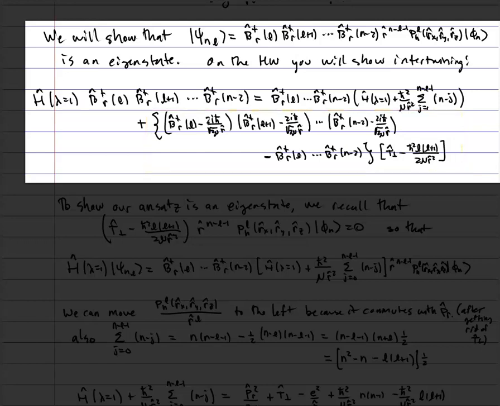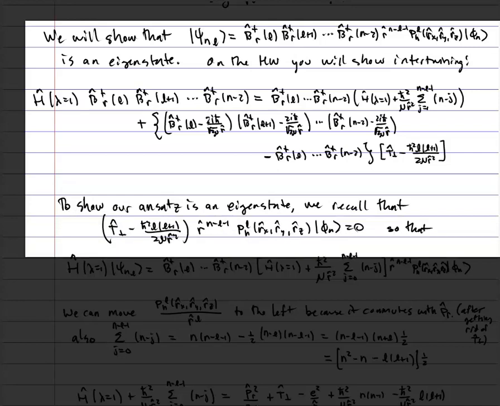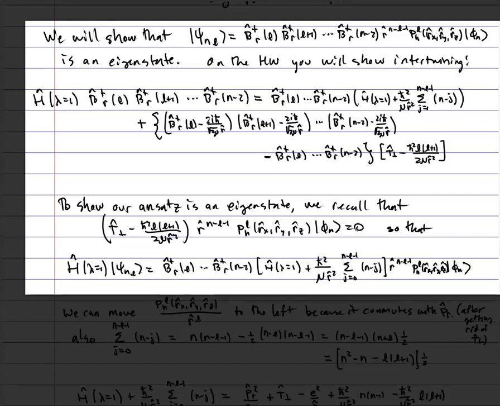Now, to show that that ansatz that we predicted was an eigenstate, we recall that that T perpendicular operator, when it acts on this harmonic polynomial times that r hat to the n minus L minus 1, it gives 0. So that extra piece that we got from the intertwining goes away when we operate it on the state. So we're just left with something that looks more like our normal intertwining.